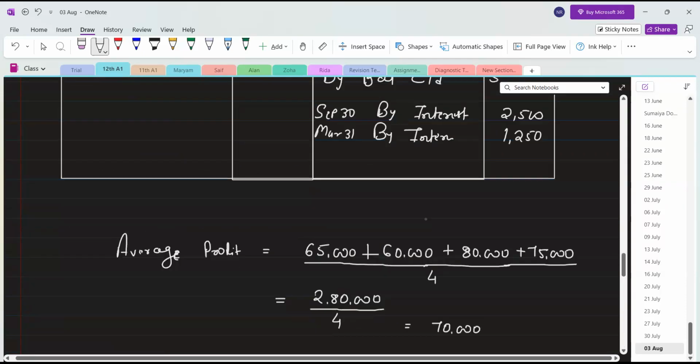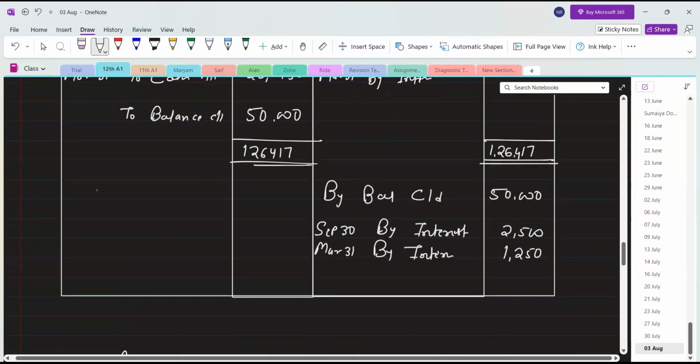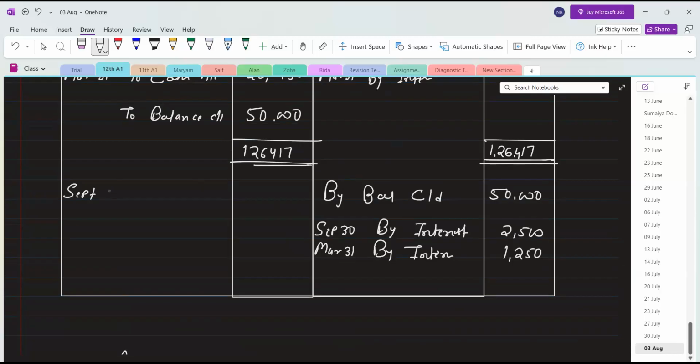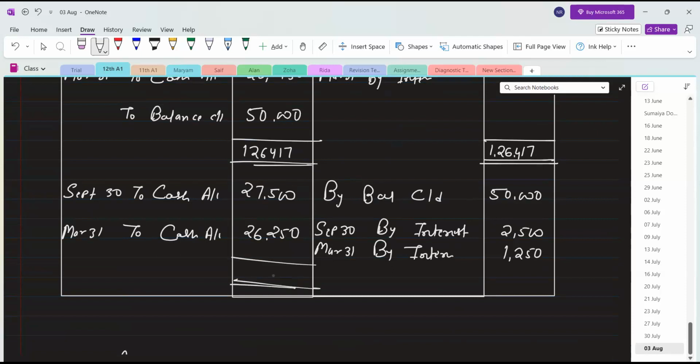Now these two interests will be added to the installment, the principal amount. To cash 25,000 plus this, so 27,500. To cash 25,000 plus 1,250, 26,250. Balance will be nil.